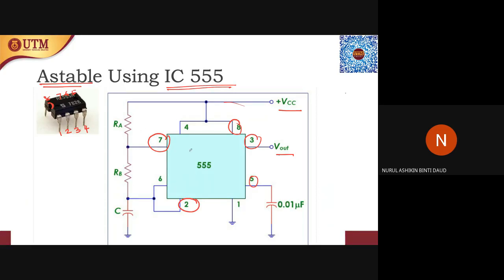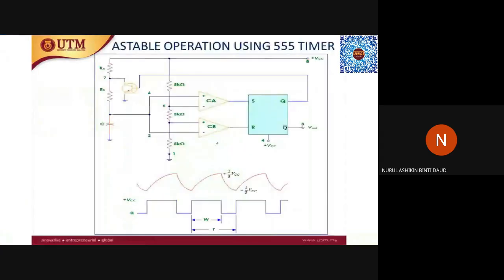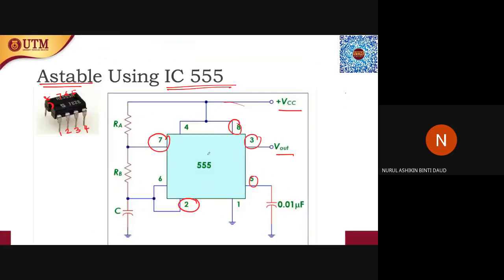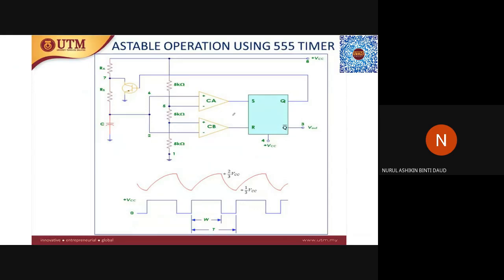And this is how the inside of the IC 555 timer looks like. Let's go into detail on how this circuit looks. This is the internal circuit of the 555 timer.